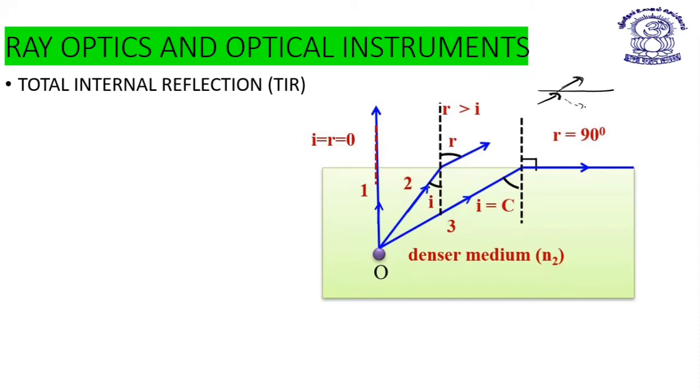Now, if we gradually increase the angle of incidence, the light ray will keep moving away from the normal, as seen in the figure. In the first case, we have incident light ray normally. In the second case, we have increased the angle of incidence.